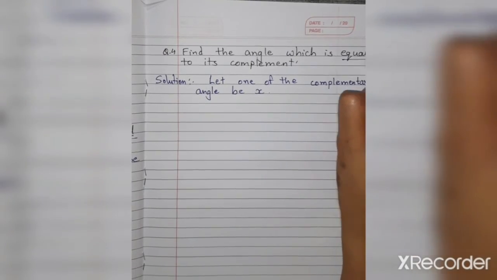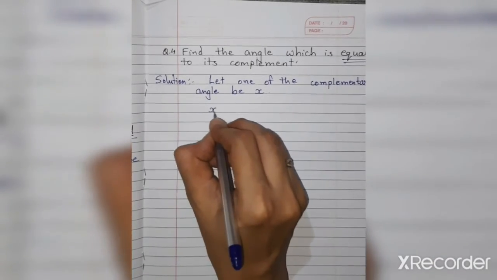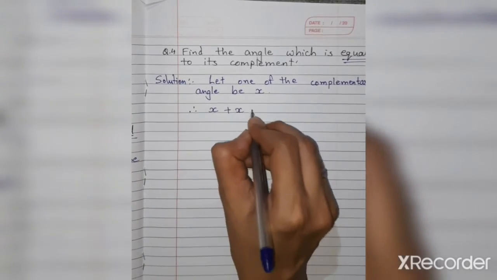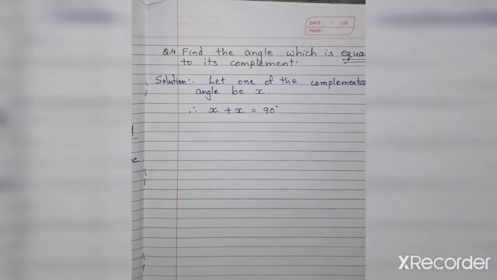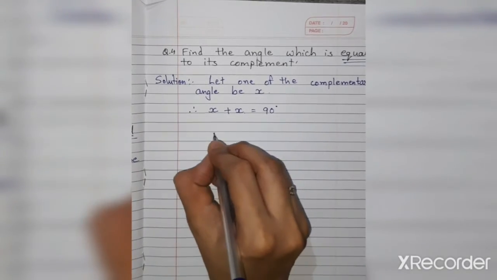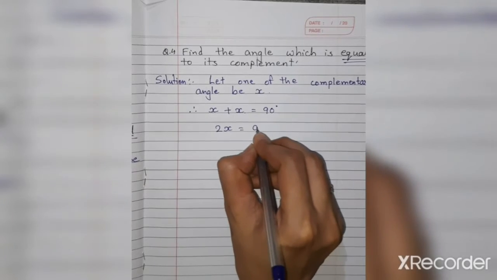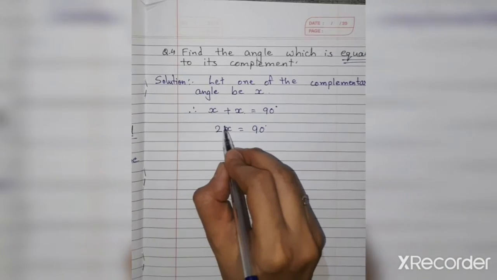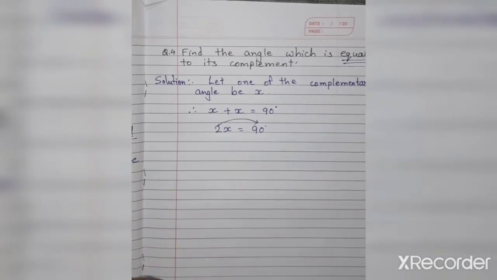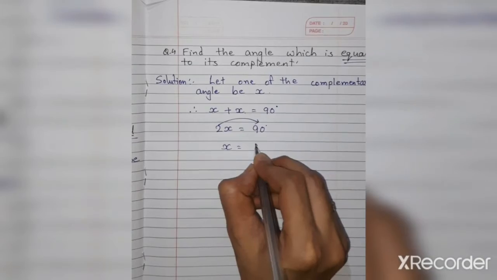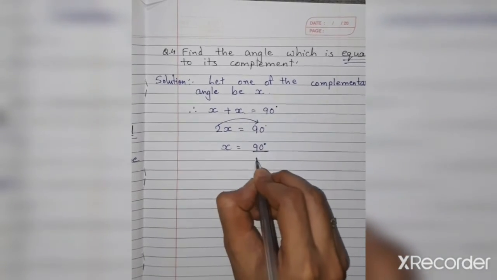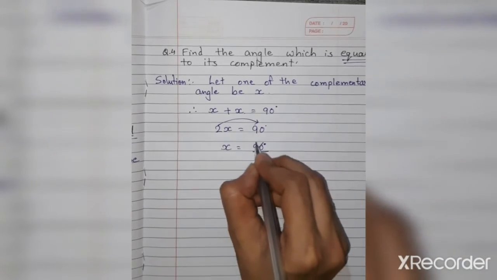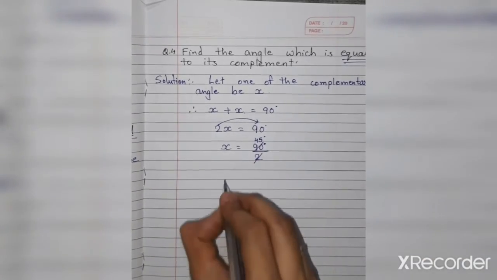Here both the complementary angles are equal. So what will be the equation? X plus x equals to 90 degree. X plus x is 2x equals to 90 degree. Now we will separate variable. We will shift 2 from left hand side to right hand side. X equals to 90 degree divided by 2. Divide 90 by 2. 45 2s are 90.